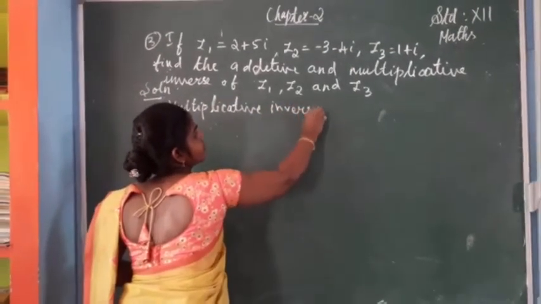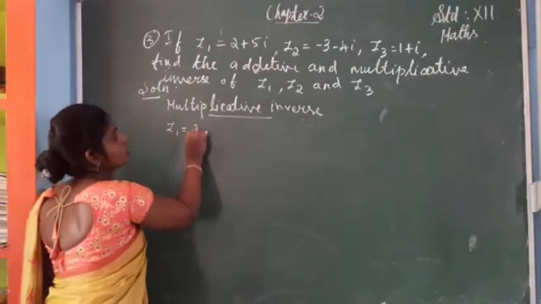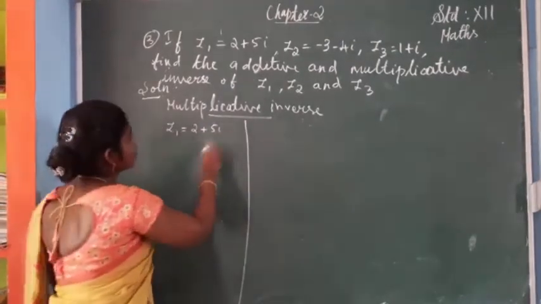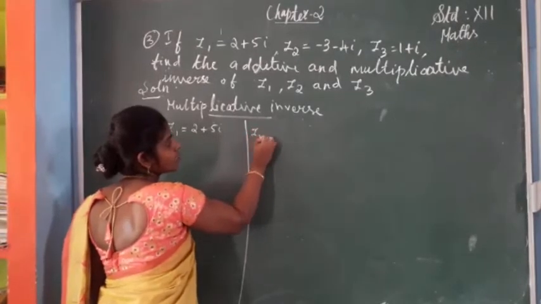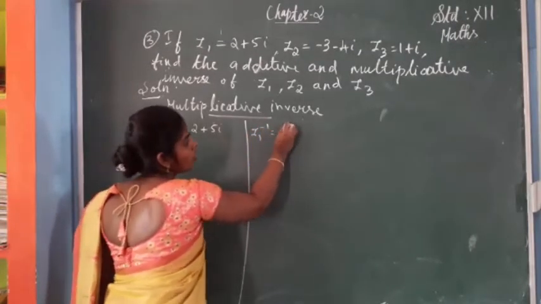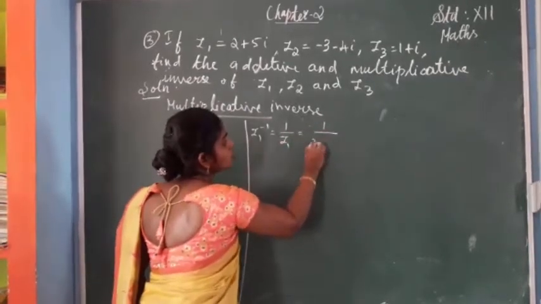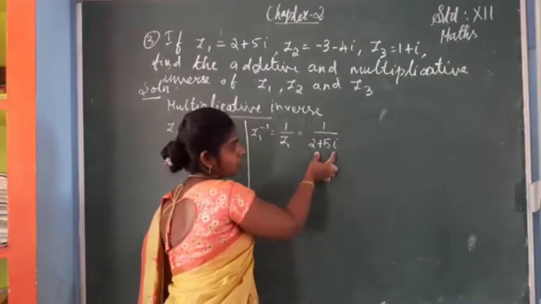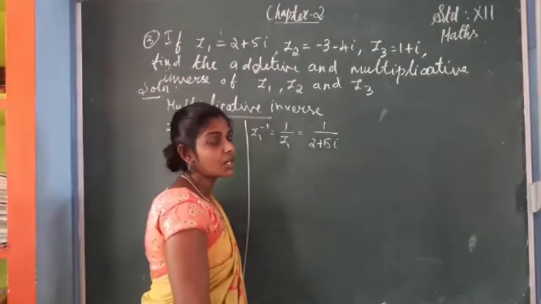Multiplicative inverse. So Z1 is equal to 2 plus 5i, which is given. So the inverse of Z1, Z1 inverse, is equal to 1 by Z1, that's equal to 1 by 2 plus 5i. If the denominator has a complex number, you have to take the conjugate.